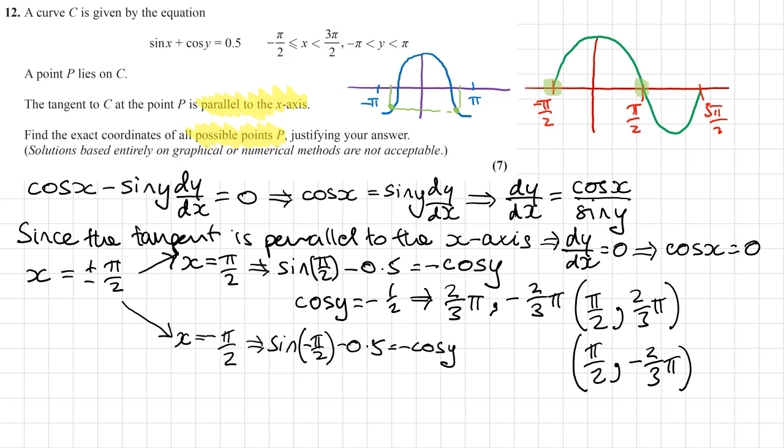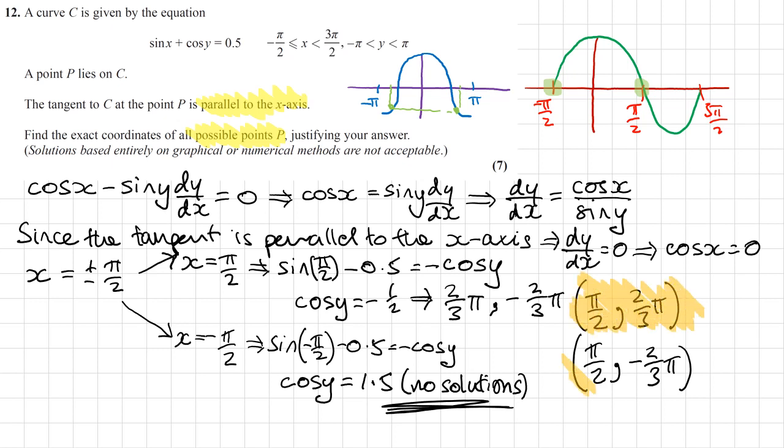So we end up with negative 1.5 on this side is equal to negative cos y. In other words, cos y is equal to 1.5. Now there are no solutions for that. The graph doesn't go up to 1.5, it only goes up to 1. So there are no solutions from that. So in fact, the only 2 coordinates are the ones that we found already here.